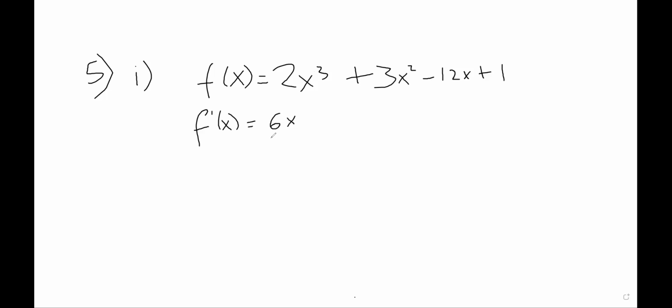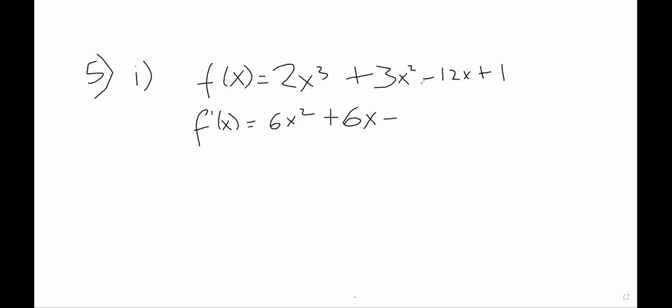So 6x squared, plus 3x squared. Carry down the power, 3 times 2 gives us 6 again, x, and 2 minus 1 from the power gives us 1. We don't need to write that.